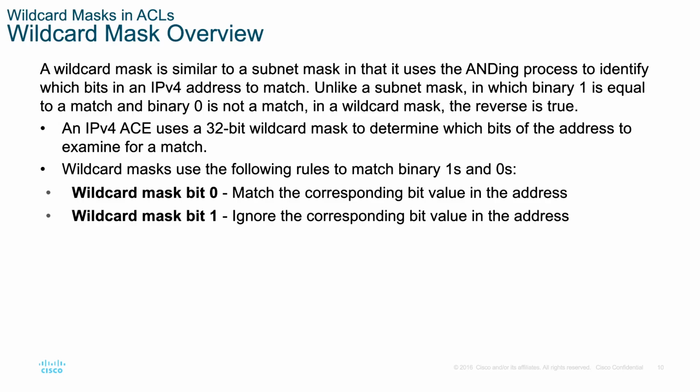This is not subnetting. This is access control lists. So what you do is you stipulate which bits are to be matched with your original address and which bits can be ignored.